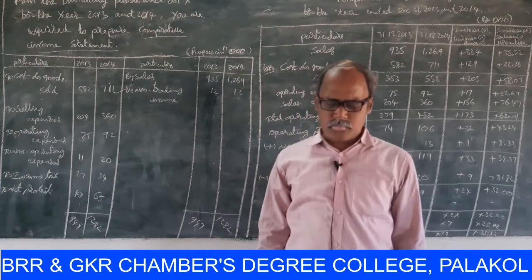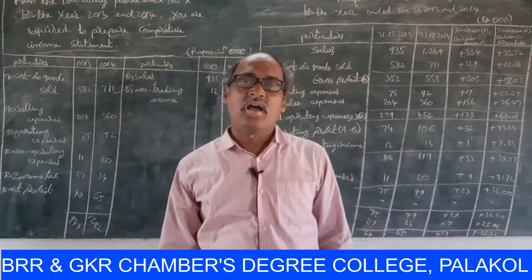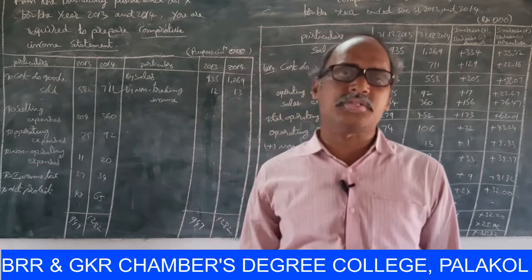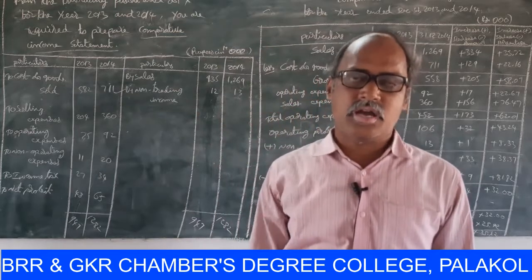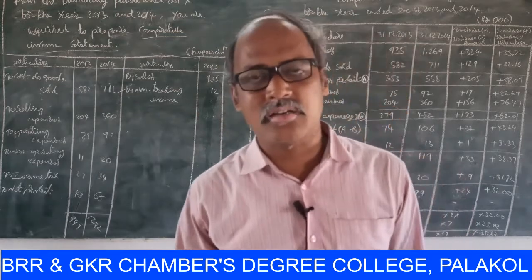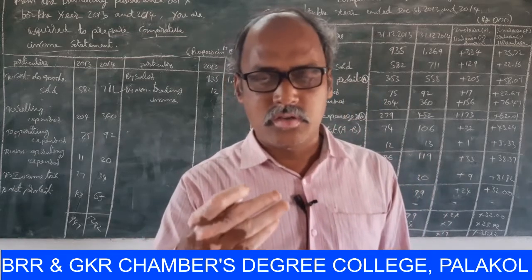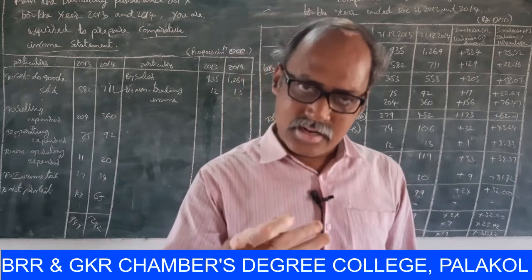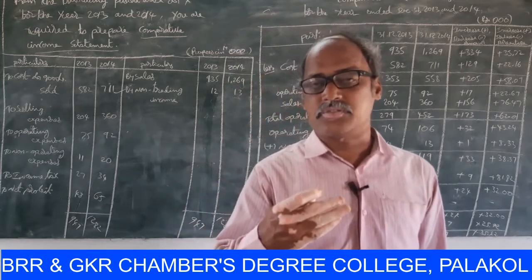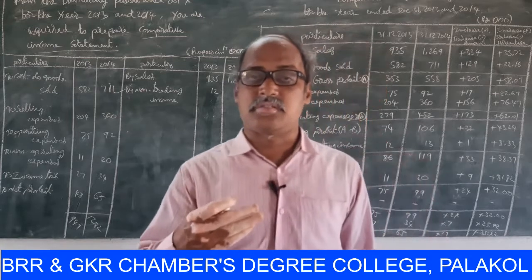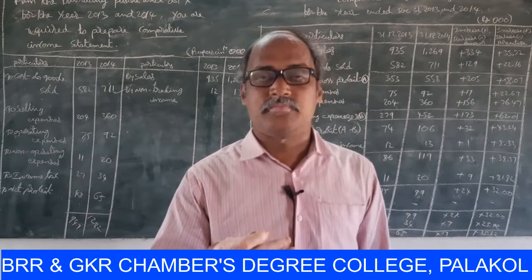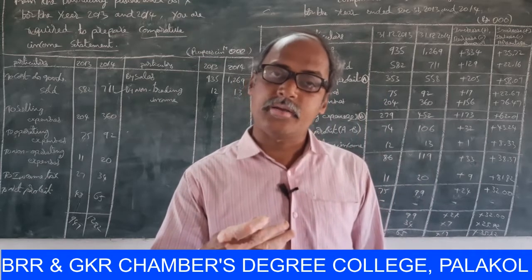How are we analyzing our interpretation in a common size statement? The following procedure is required. I have already explained that. Sales minus cost of goods sold gives gross profit. Less operating expenses, add operating income, then we find operating profit.